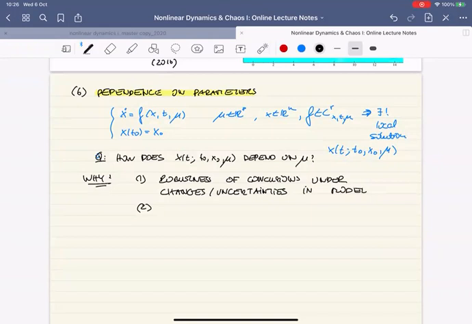So that brings you to the idea that maybe if I understand the system well, or a particular feature of the system well for a certain value of the parameter, maybe I can extrapolate that knowledge to nearby values of the parameters. Of course, I can only do that if I have a reasonable dependence. I'm not saying that the behavior should be identical when I change the parameter, but there has to be a reasonable dependence rather than a huge jump in the system behavior with respect to the parameters.